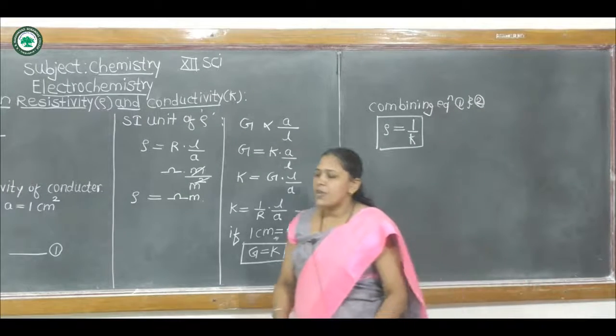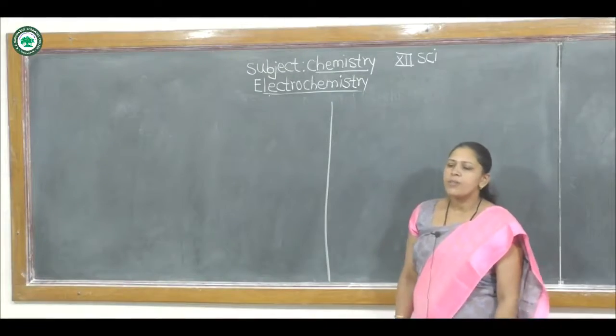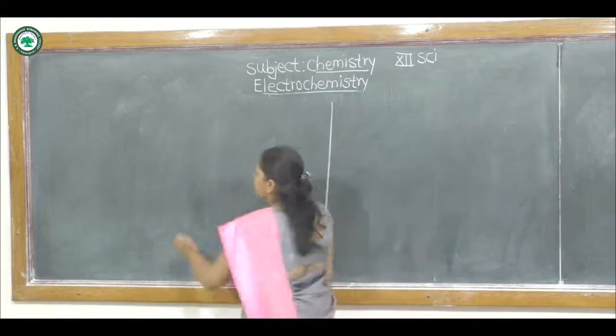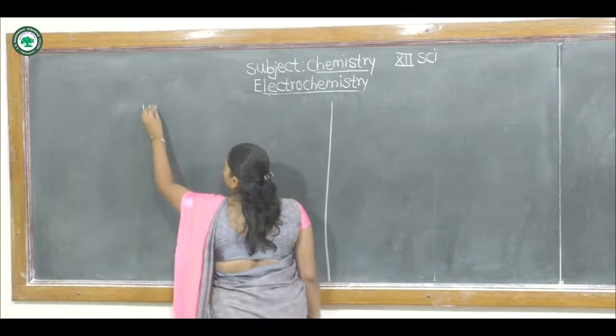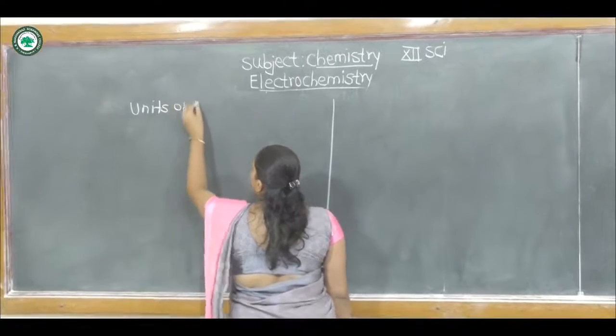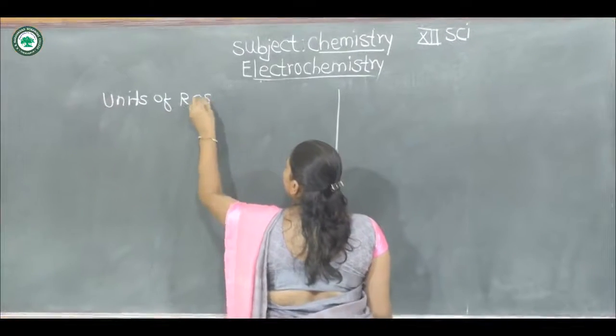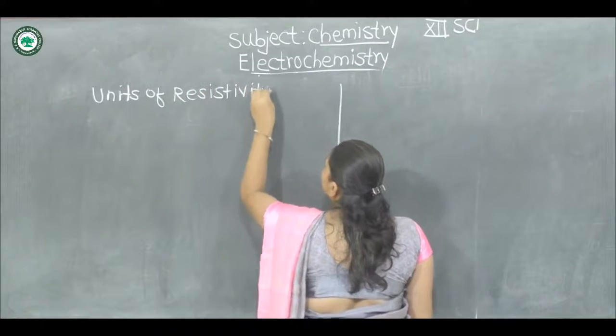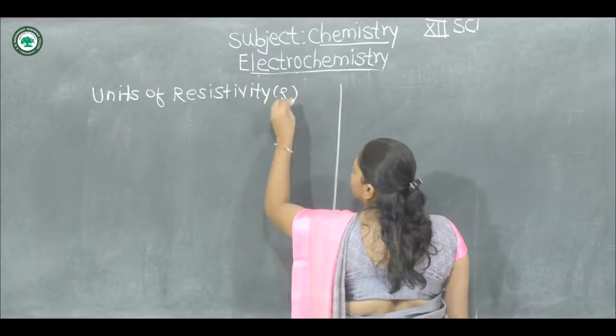Then the next point is units of resistivity and conductivity. Units of resistivity, that means rho.